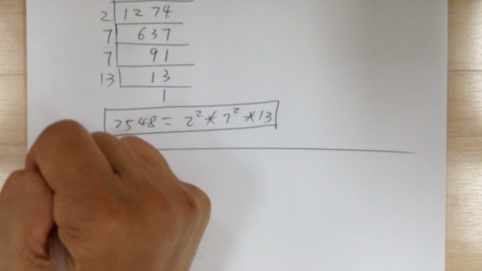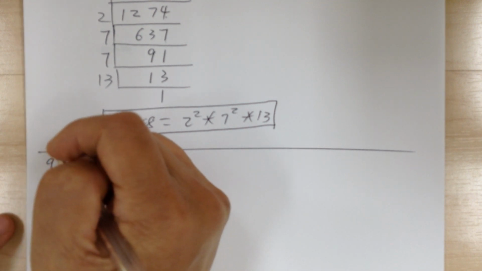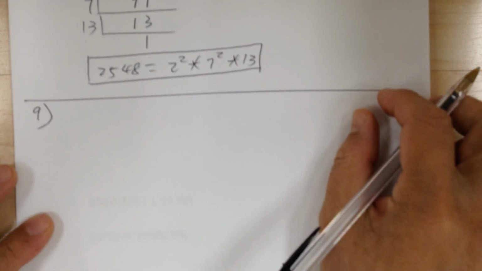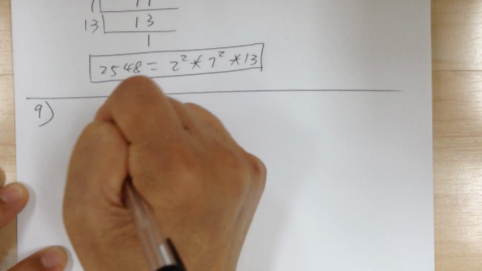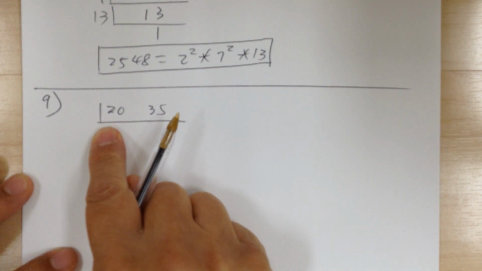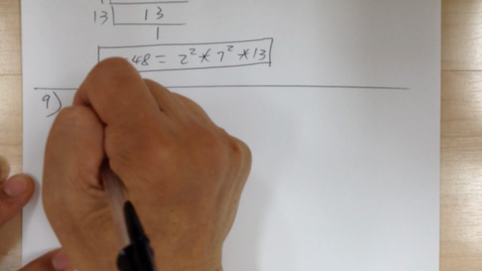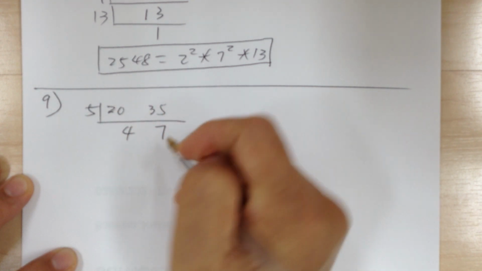Let's go to number 9. You're looking for the GCF and LCM of the two numbers, 20 and 35. You can start with 2, cannot, 3, cannot, 5, right? So do 5, so it'd be 4 and 7, and that's it.